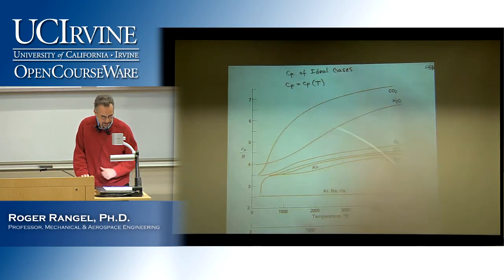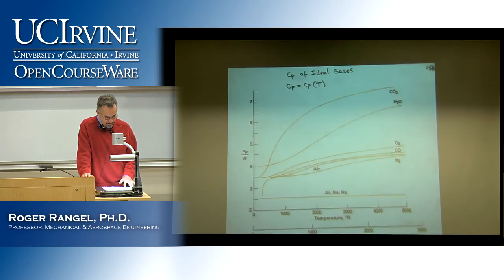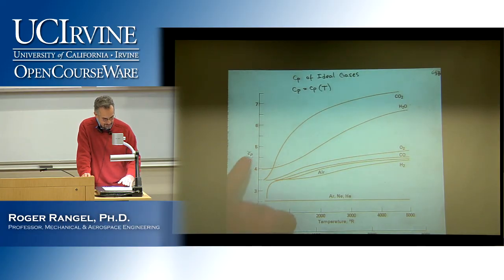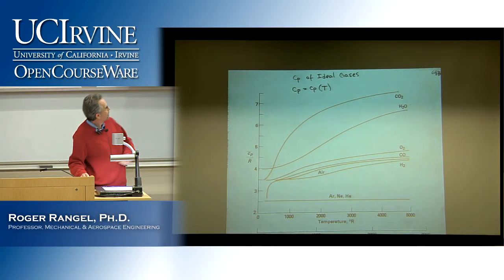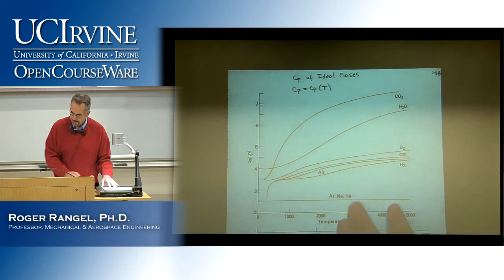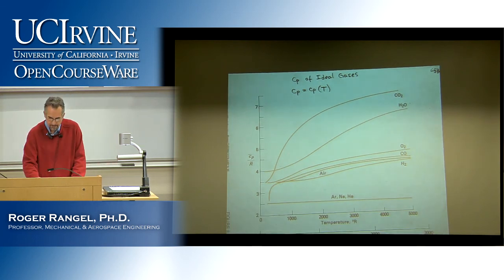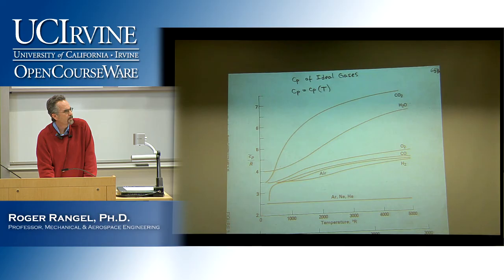This is all ideal gases, but the only ones for which you can see clearly that the specific heat is a constant are the monatomic gases. So that was that one. Any questions? I thought it was easy, but let's do another one.